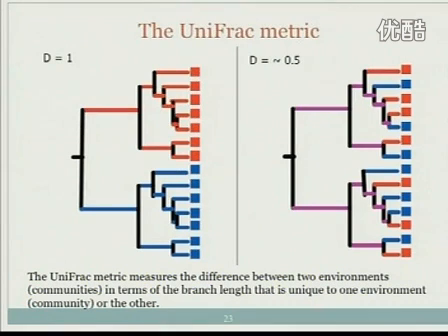To calculate this UniFrac metric, you need to put everything into one tree, so that you can look at the branches that are unique to one of the communities. Like the one on the left: the red one and the blue one don't share anything.